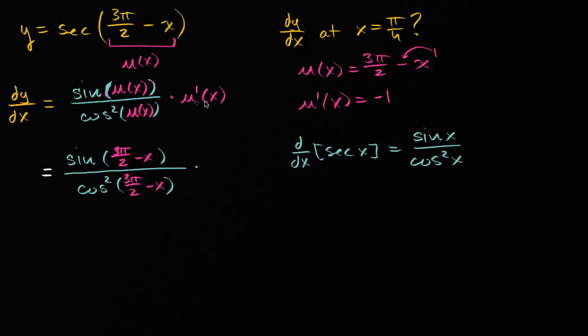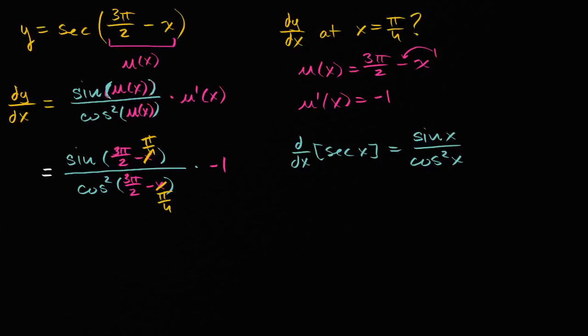And then u prime of x, we already figured out, is negative 1. So I could write times negative 1. Well, yeah, let me just leave it out there for now. I could have just put a negative out front, but I really want you to be able to see what I'm doing here. And now we want to evaluate at x equals pi over 4.